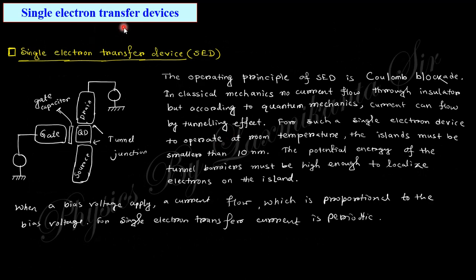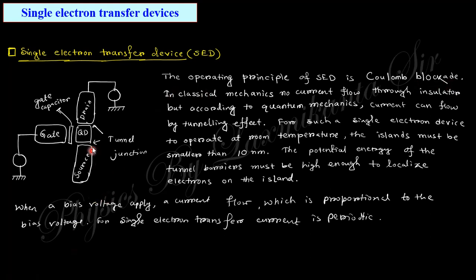Next is the single electron transfer device. A single electron transfer device means a device which transfers a single electron by the tunneling effect. You can see this is the structure: gate, source, drain, and quantum dot here, and there is a gate capacitor, and the electron transfers from the quantum dot to the gate one electron at a time by the tunneling effect. The operating principle is the Coulomb blockade effect.